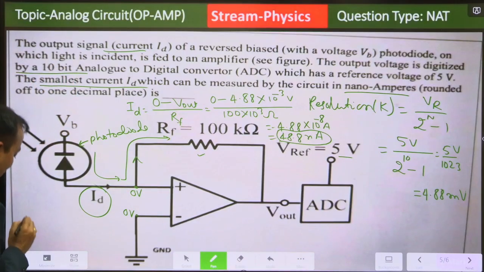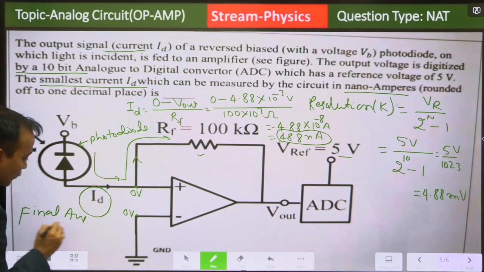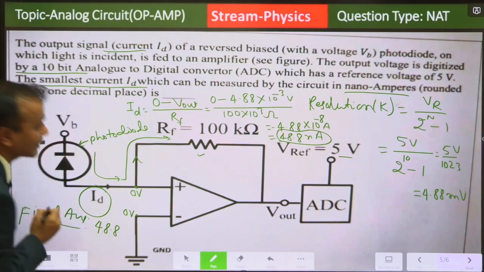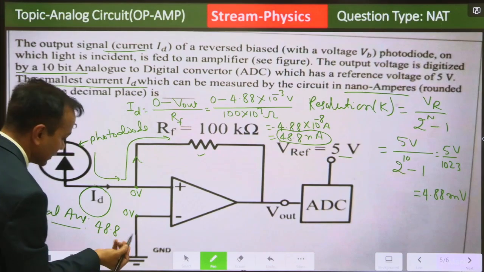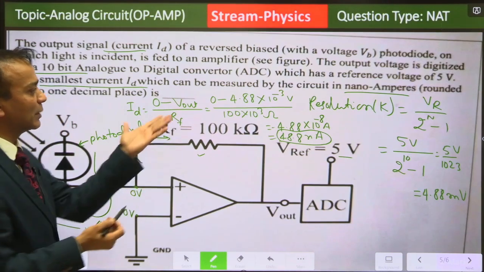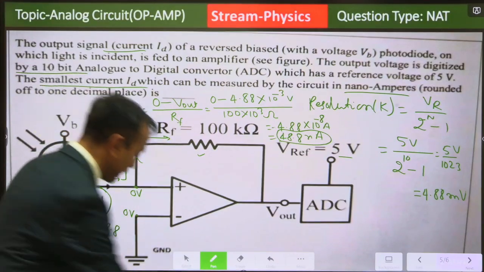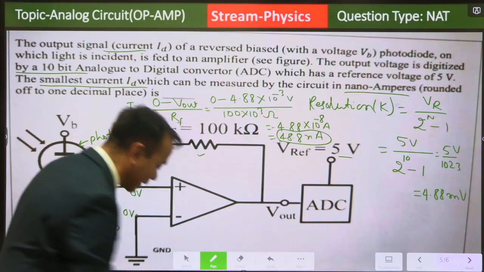So the final answer is 48.8. Nano ampere is already mentioned in the question itself, so the numerical value will be 48.8. And what range has the GATE team provided?